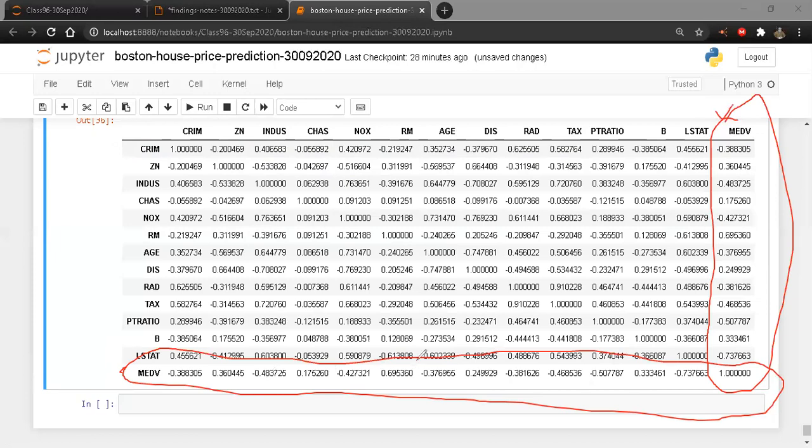I'm going to only take the ones in the higher range, closer to 0.7. This is 0.69. It relates to RM. There is one more, minus 0.73. This relates to LSTAT. This is a very good correlation.